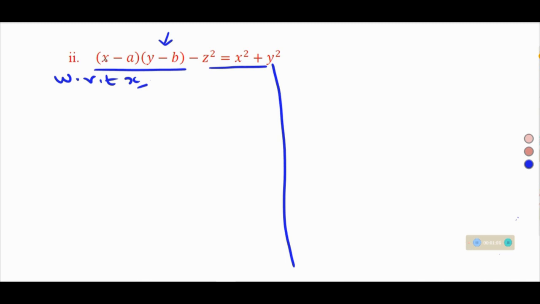Now, for that case, if I'm differentiating this one here with respect to x, I will treat y minus b as a constant. Then when I differentiate x minus a, I will remain with 1, because when you differentiate x, you get 1.